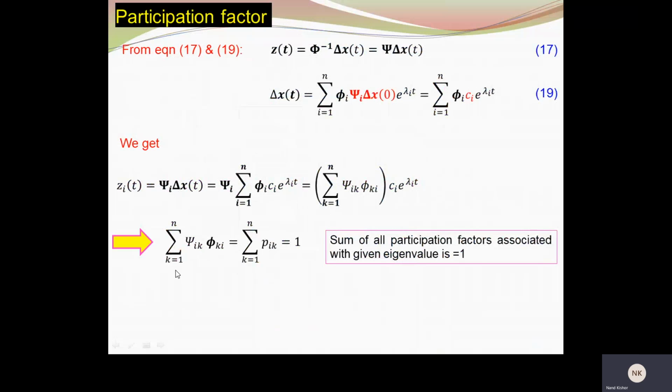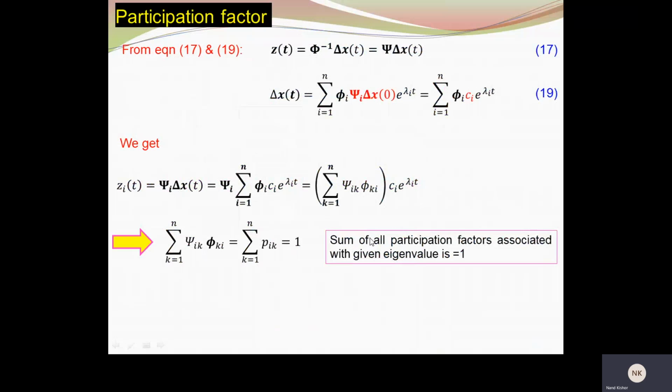So what does this mean? What we have here is the summation from k equal to 1 to n of psi i k to phi k i. That means it is the product of the right eigenvectors and the left eigenvectors, and this will be unity.